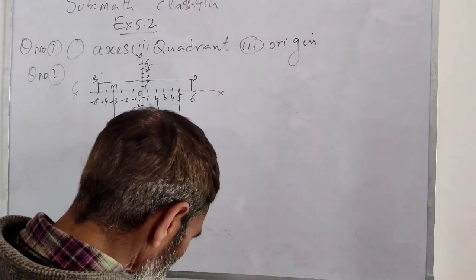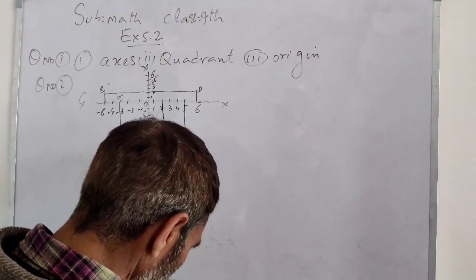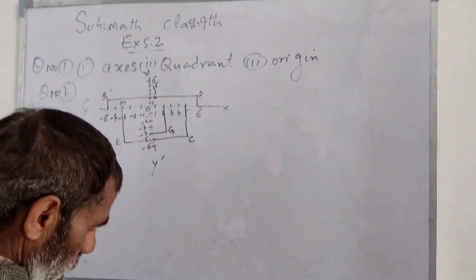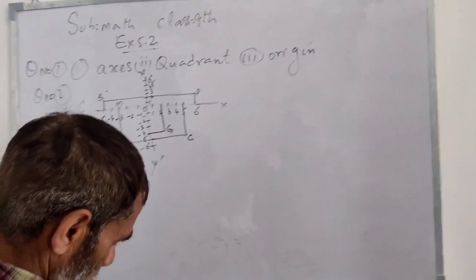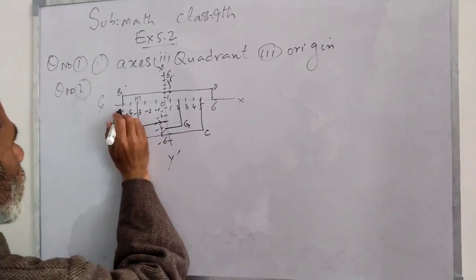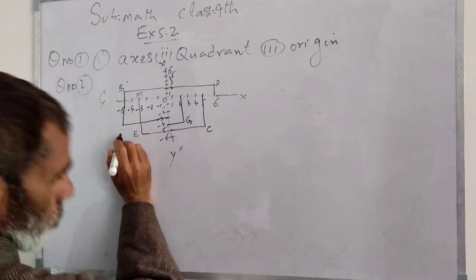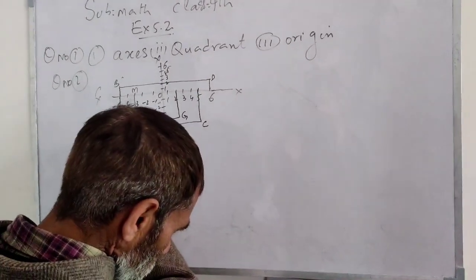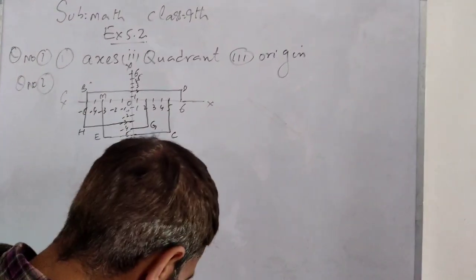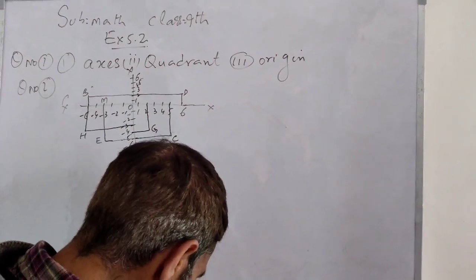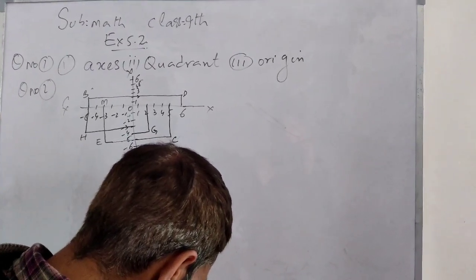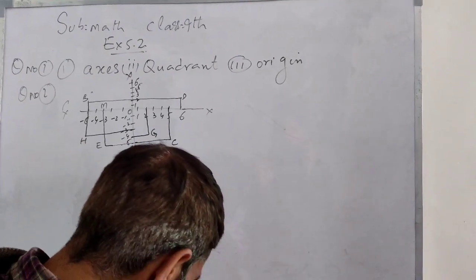Similarly, position of H, minus 3 on negative y-axis and minus 5 on negative x-axis. This is the position of H. Now we have to answer some parts.